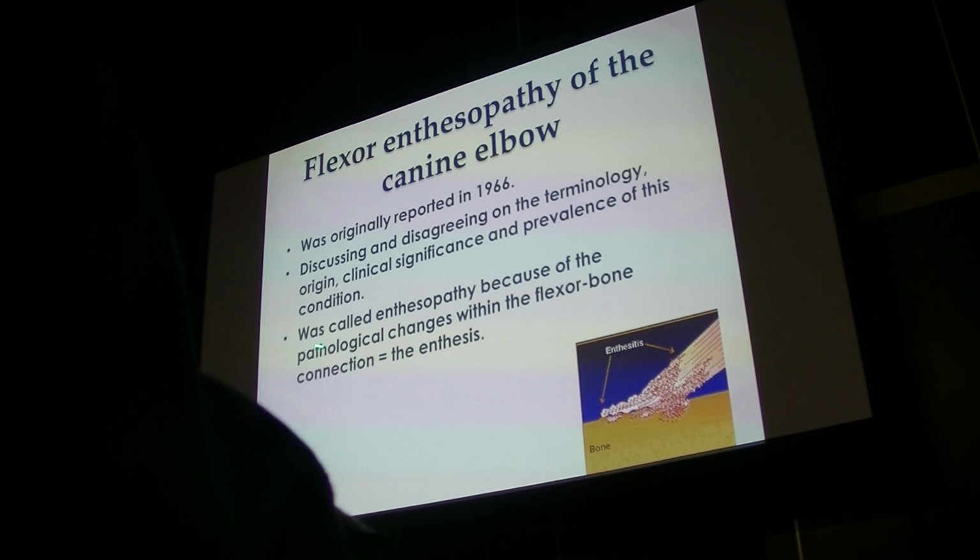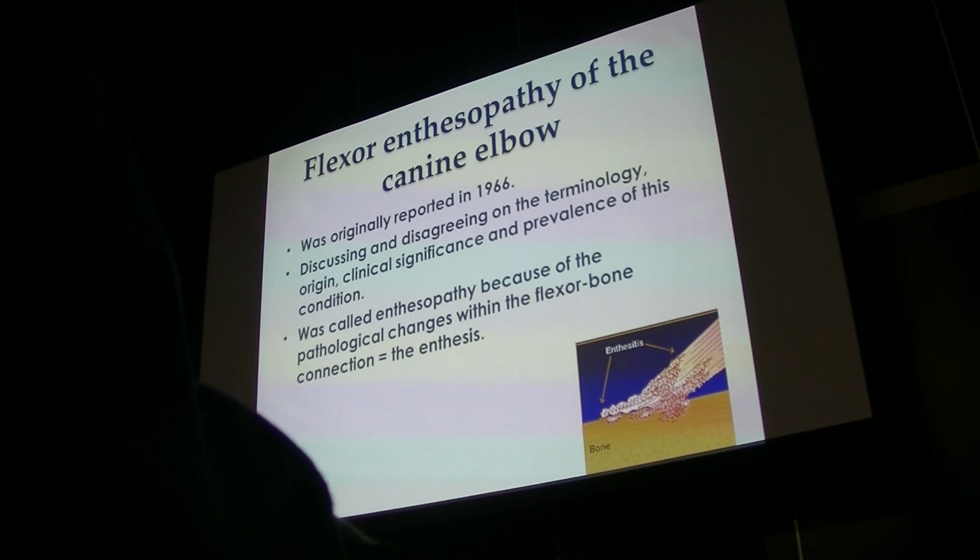So why do we call it that way? Because the term enthesopathy refers to the pathologic changes that occur at the level of the attachment of the tendon. The enthesis is the attachment of the tendon to the bone, and enthesitis or enthesopathy means pathology.